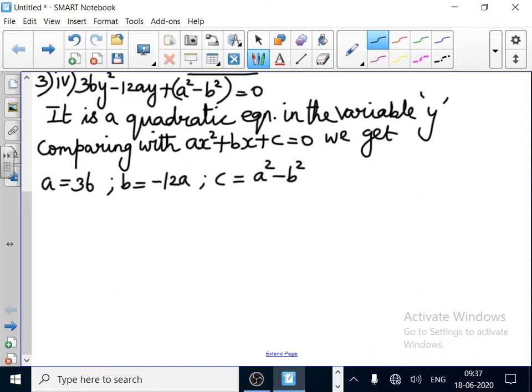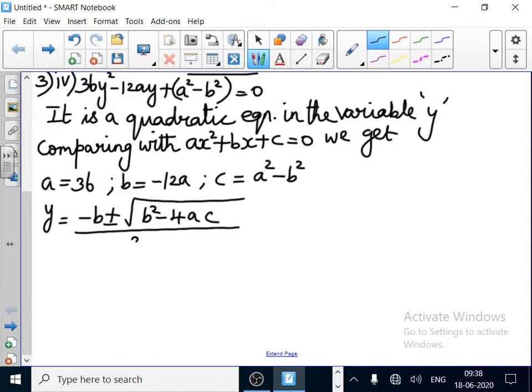It is a quadratic equation in the variable y, so we write y equal to minus b plus or minus square root of b squared minus 4ac, by 2a.